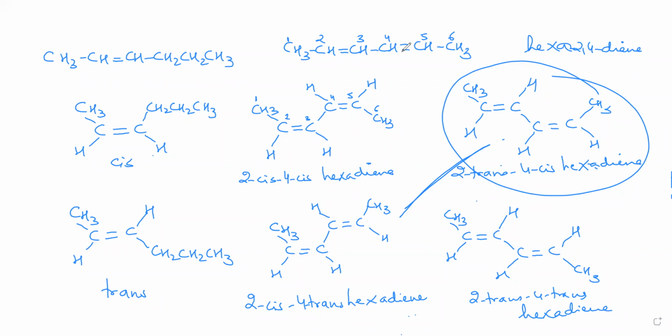Or one double bond having cis and the other having trans. It won't matter whether this is cis and this trans, or this trans and this cis. Did you understand this? So now the number of configurations is 3 and not 4.